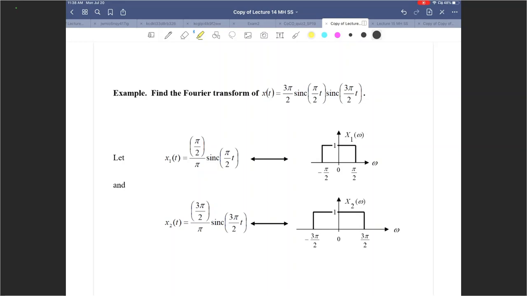You have sinc pi t divided by 2 multiplied by sinc 3 pi t divided by 2. So different sincs being multiplied.